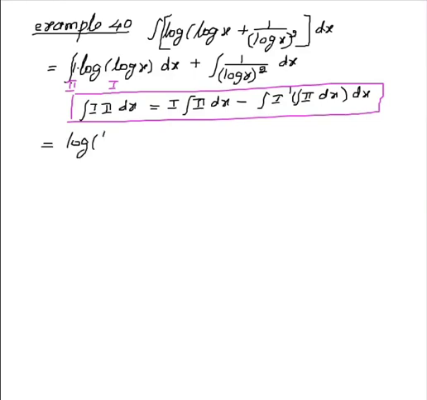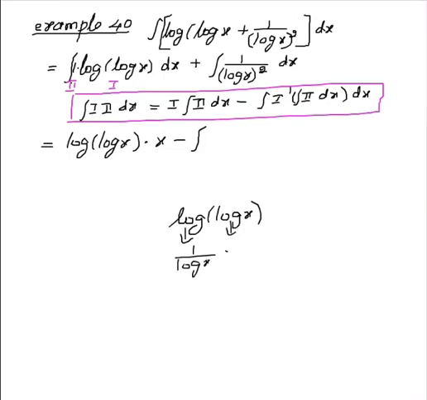First function is log of log x into integral of the second function. Integral of 1 is x minus integral differential of the first function. We have to apply chain rule. Log of log x. Differential of this log x is 1 divided by log x, and then differential of this log x is 1 by x into differential of x is 1. So it is 1 divided by log x into 1 by x.